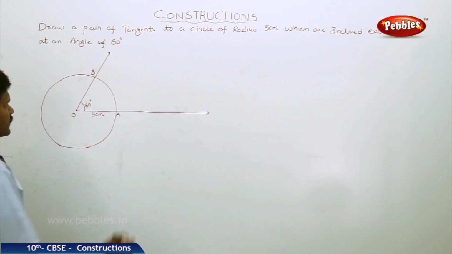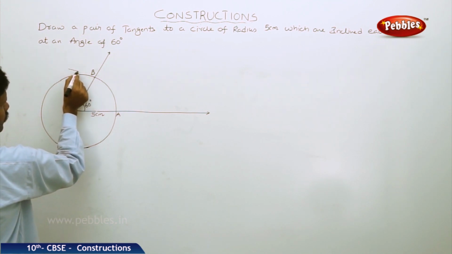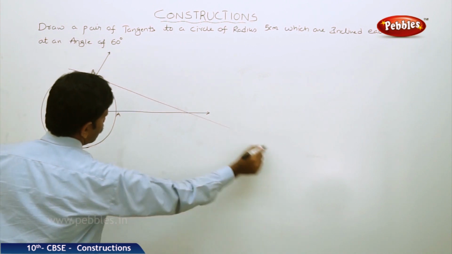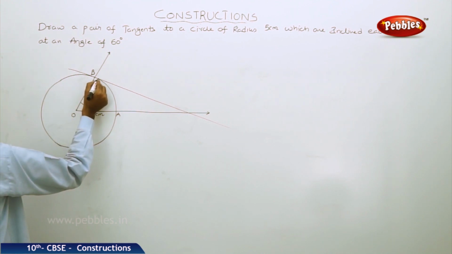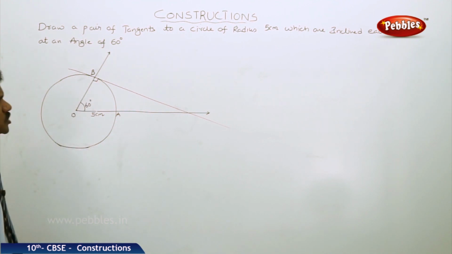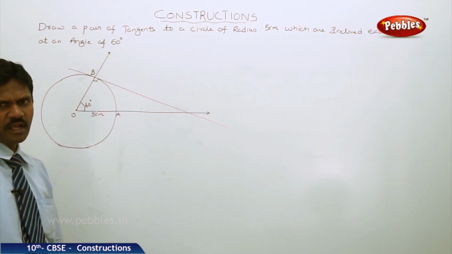Now, at B, you have to draw a tangent. We know that the tangent and the radius are perpendicular to each other. Now this is 60 degrees, this is 90 degrees.